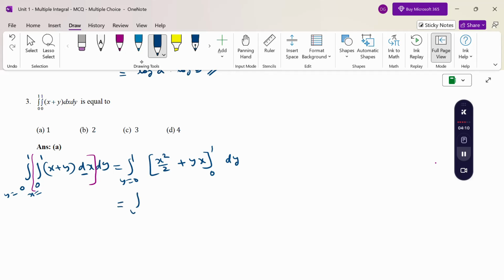Substitute the upper limit: 1 square by 2 plus y into 1, minus lower limit 0 plus 0.